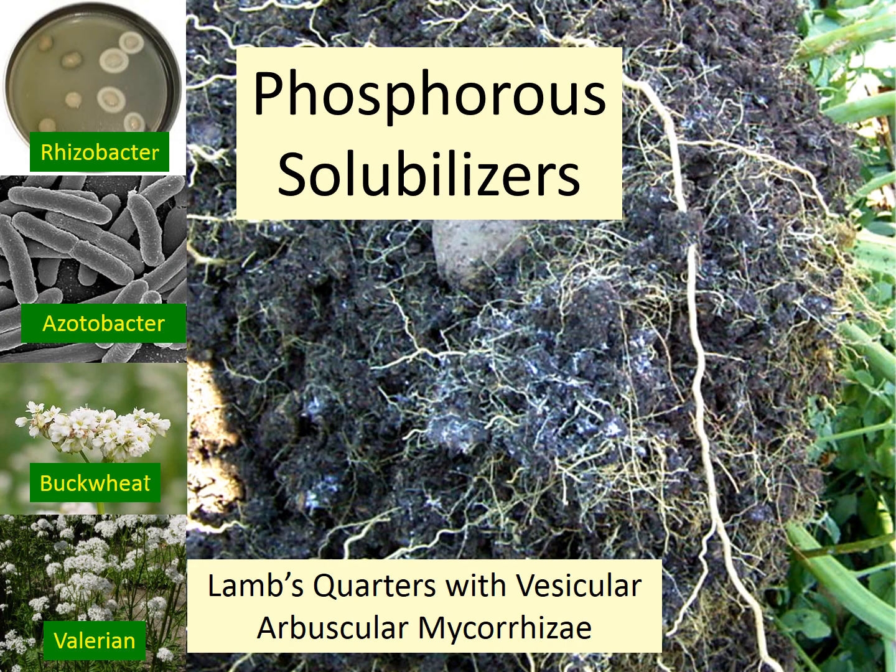Phosphorus solubilizers. One of the best phosphorus solubilizers out there is your vesicular arbuscular mycorrhiza. Now that's a complicated name, but you can see what it looks like here. You've got this whitish mass in the soil, and you've got these little white nodules. Those are the vesicles.